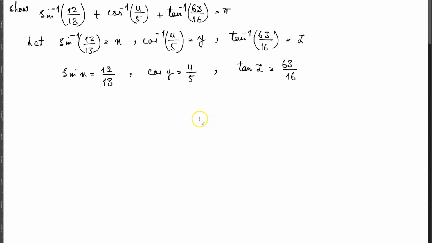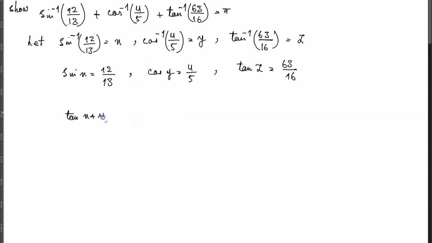And now what we can do is use the relationship for tan of x plus y.